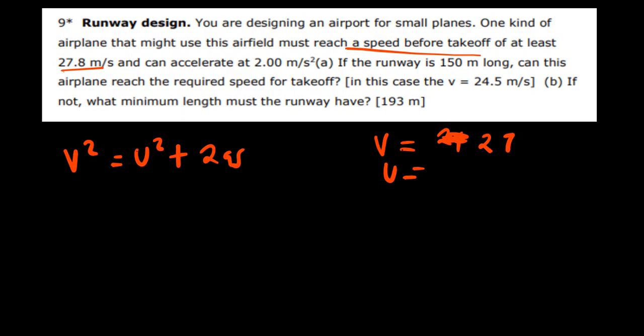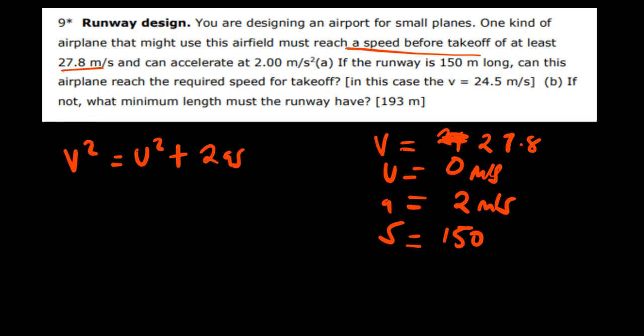Then the acceleration we've been given is 2 meters per square second. The initial velocity, let's assume this plane is starting from rest, so we say it's 0. The distance, we've been told the runway is 150 meters long.